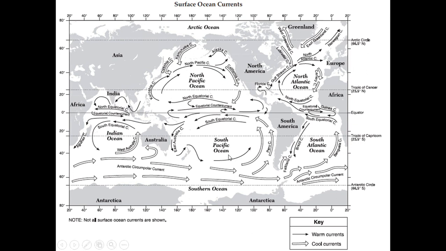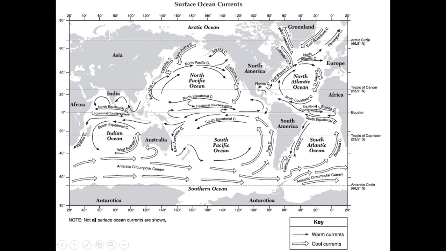Notice, for the most part, the warm currents tend to come from the warm areas like the equator, and they tend to go north or south away from the warm areas, bringing warm water with them to cooler areas. On the other hand, the cool currents tend to come from the polar regions, and they tend to bring cool water back towards the equator, like for instance right here with the Peru current or the California current.